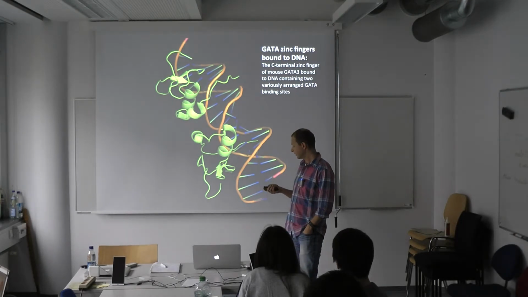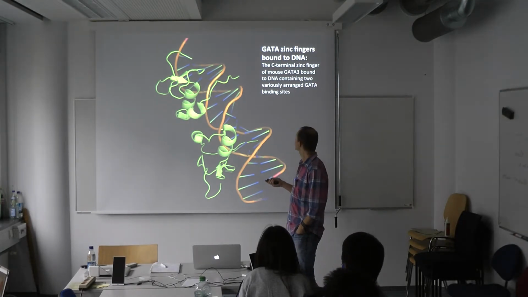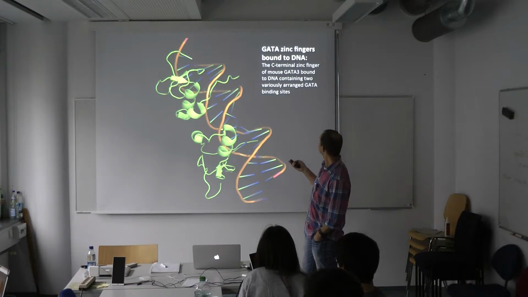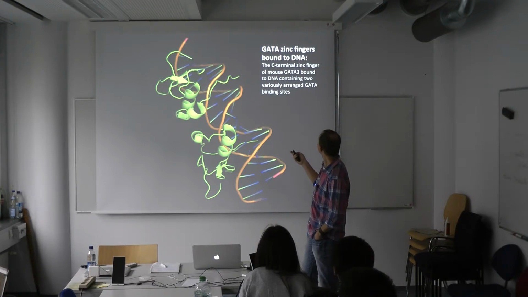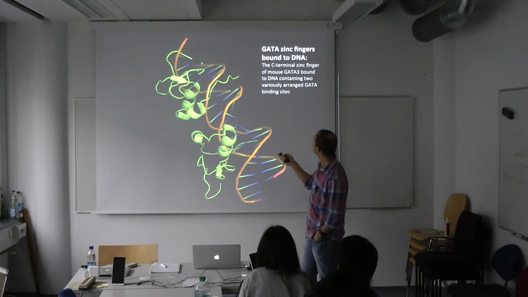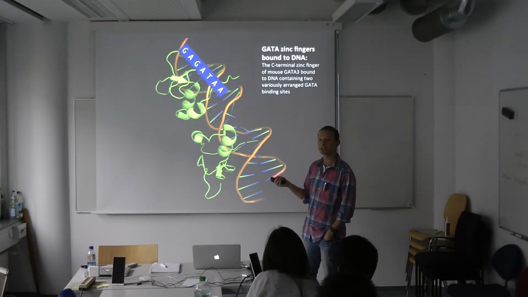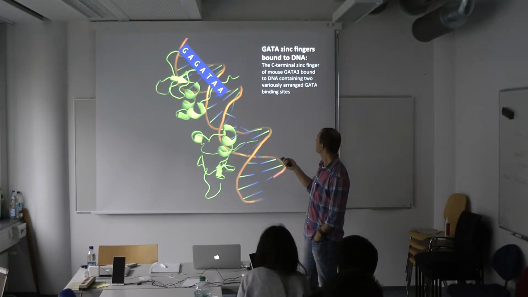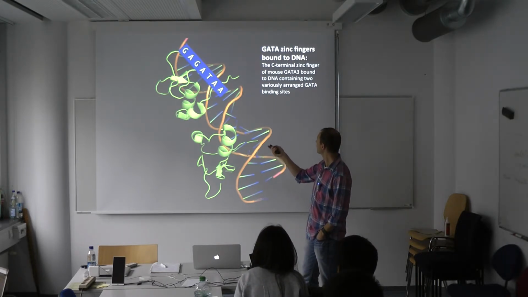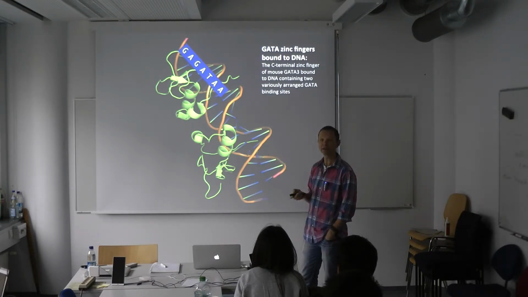Okay, so here's an example where we have more detailed information. Here's another transcription factor. Indeed, we have a couple of so-called zinc finger domains that are associated with DNA, and they like to bind to particular DNA sequences. So when we look at that DNA sequence there, we might find this word, and that would be detailed information.